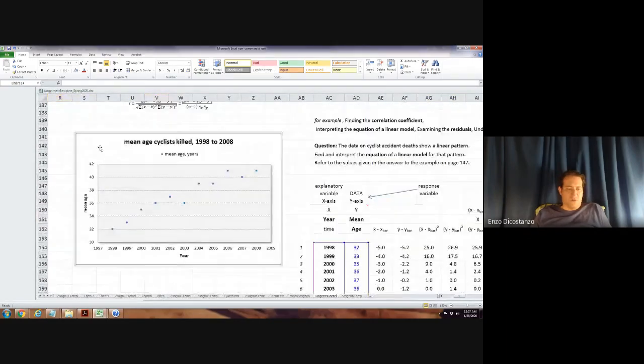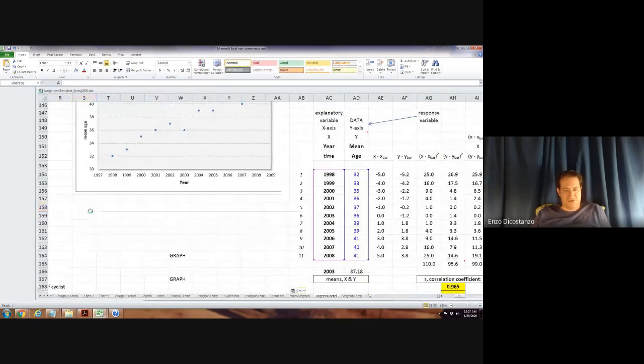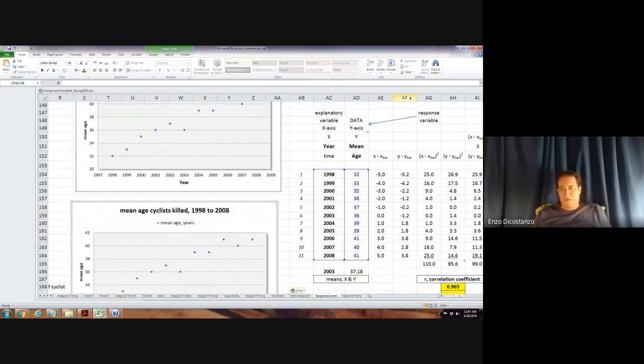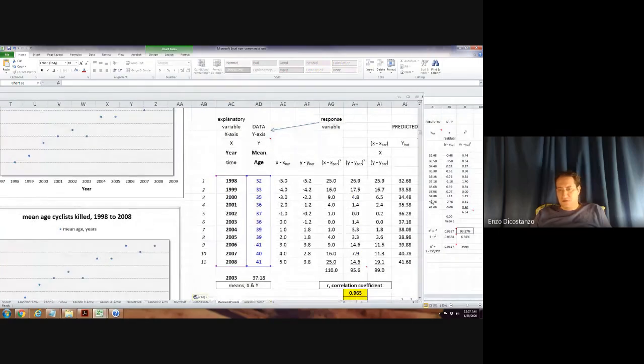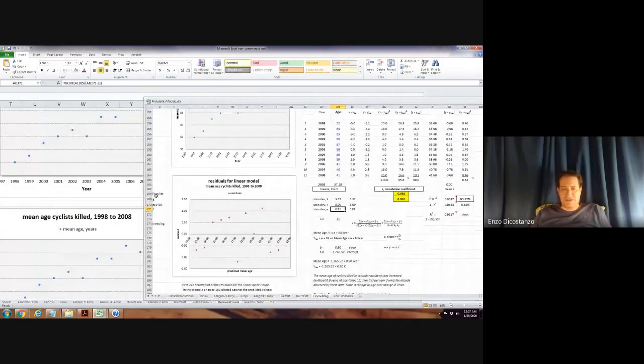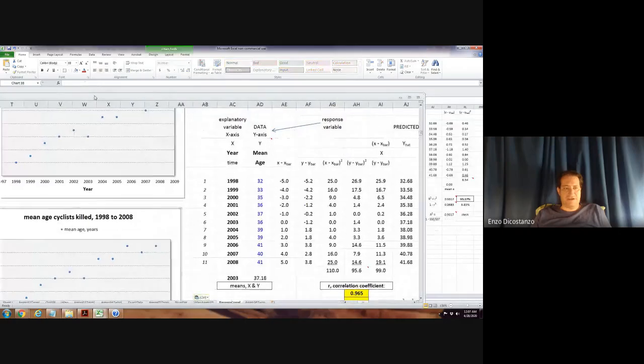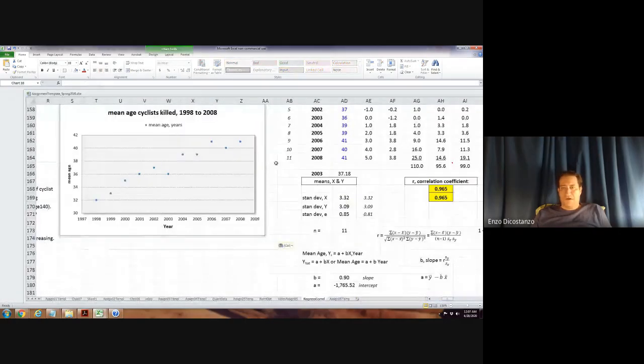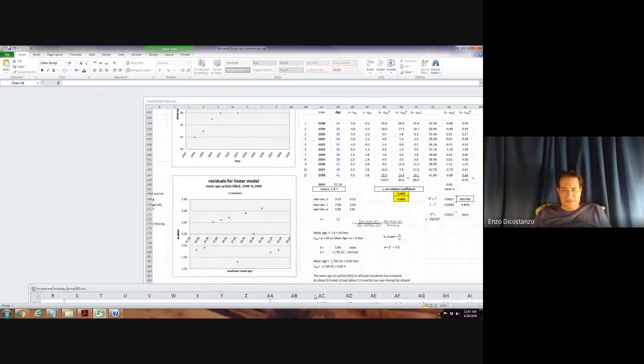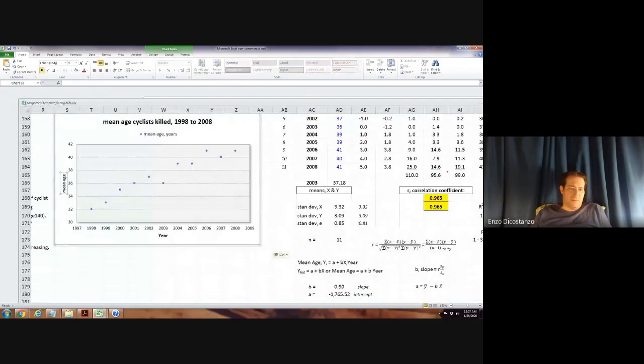So here, we did a lot of work with this graph and formatting. So let's just drop it in there again. Okay. And we're going to look at residuals and predicted age. So this vertical one is residual. This is predicted age from the equation.